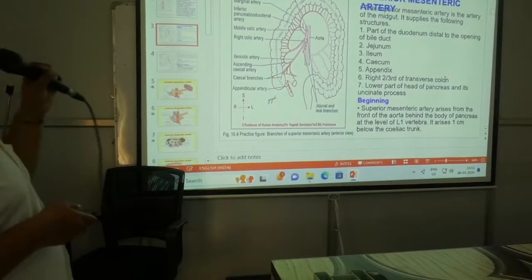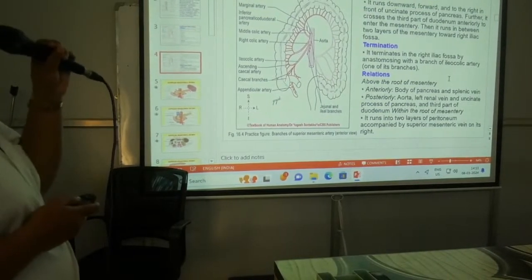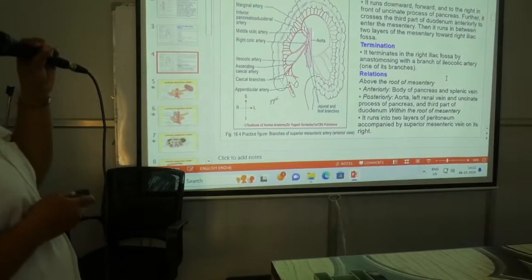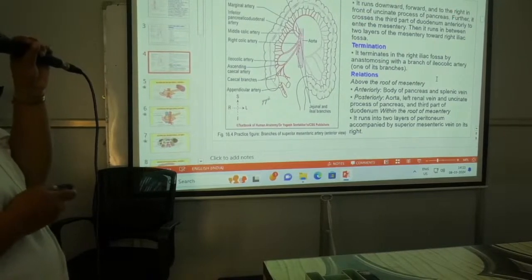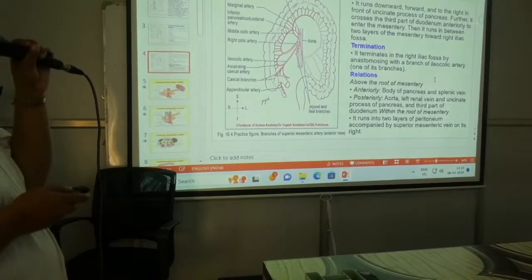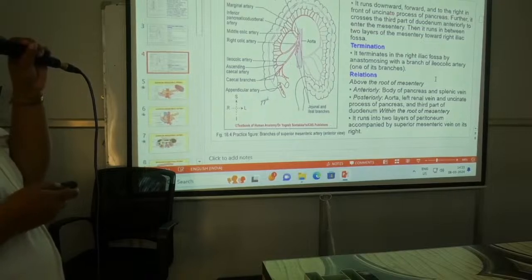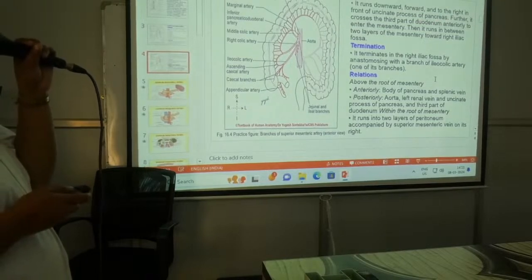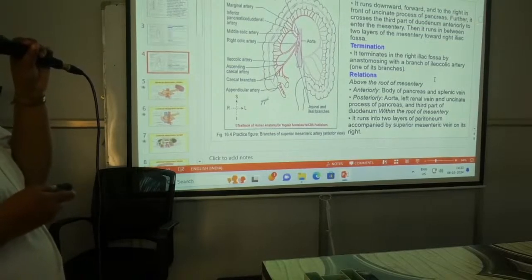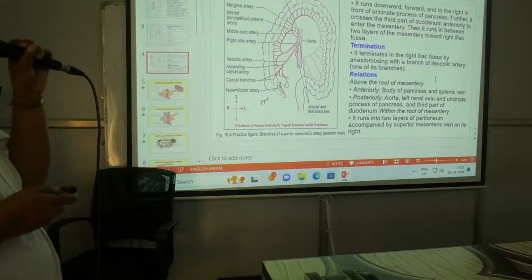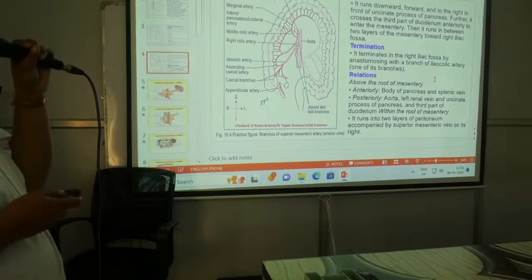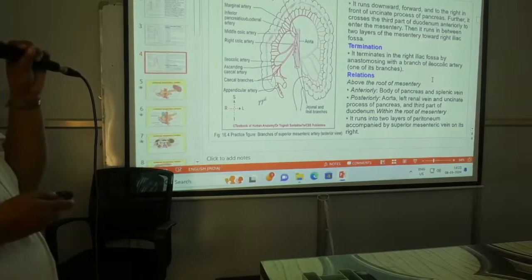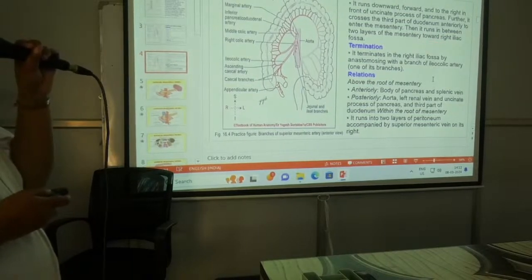Next is the course. See, this is the superior mesenteric artery. It runs downward, forward and to the right, in front of the uncinate process of the pancreas, and further it crosses the third part of the duodenum anteriorly to enter the mesentery, and then it runs in between the two layers of the mesentery towards the right iliac fossa.